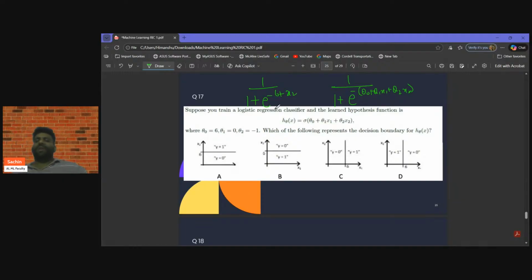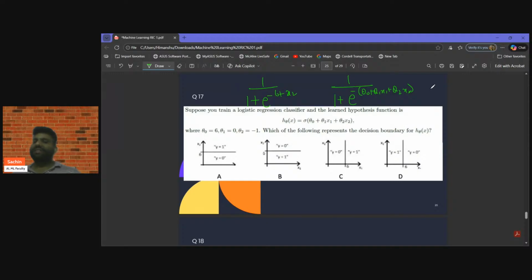Which of the following represents the decision boundary for h theta x? We have x1 and x2 over here. What exactly is my decision boundary?